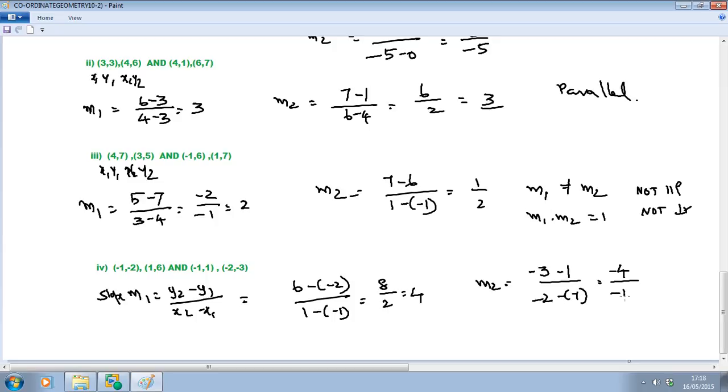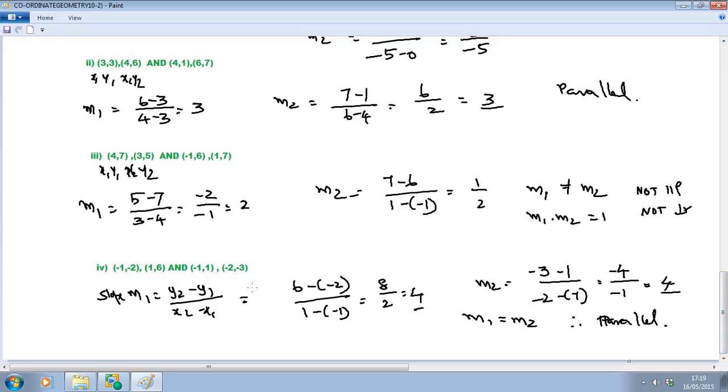So this becomes 4. So m1 is equal to m2, so they are parallel. If m1 multiplied by m2 is equal to minus 1, then only they are perpendicular.